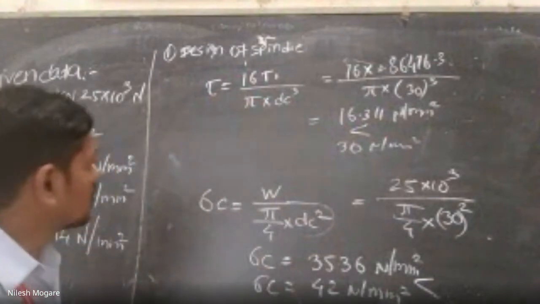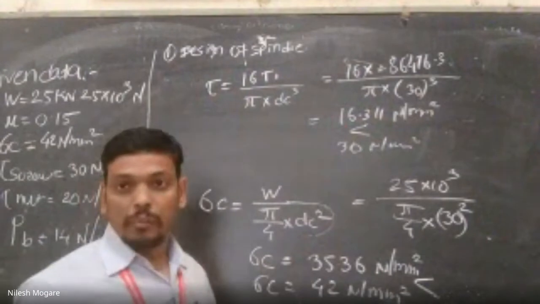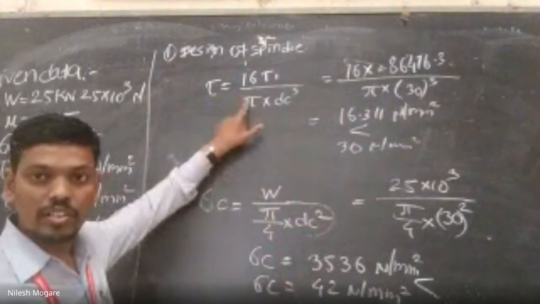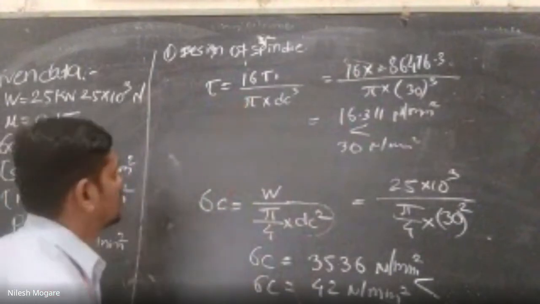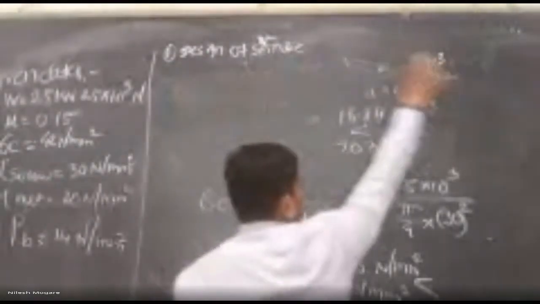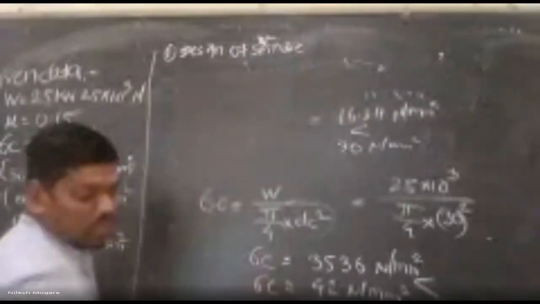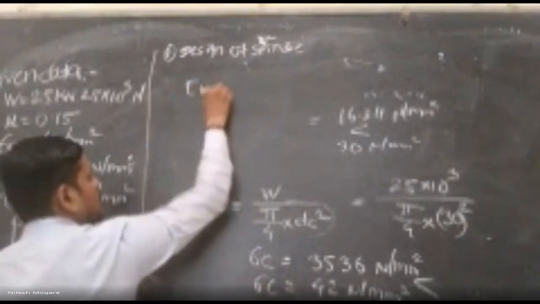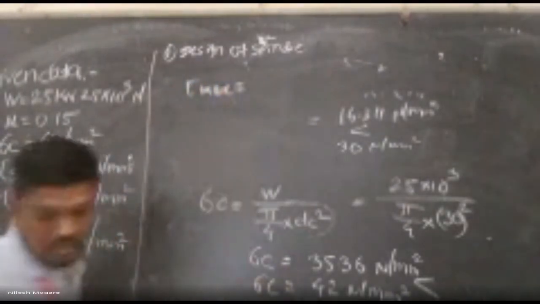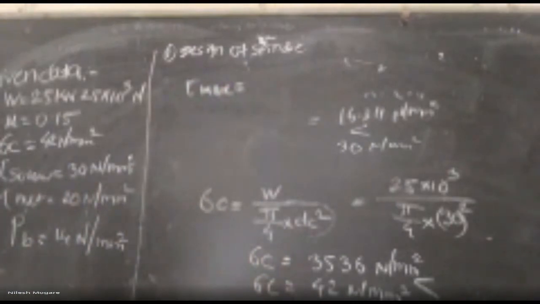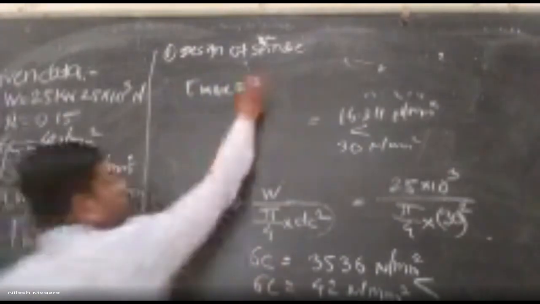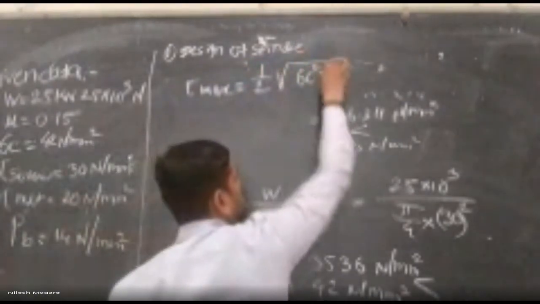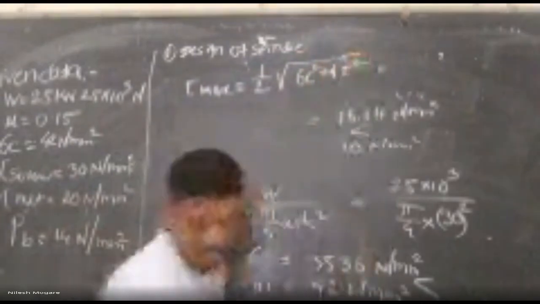Now we have to check by considering combined stresses. So compressive stress as well as shear stress, that is called combined stresses. So we can calculate it by taking maximum shear stress theory, that means tau max. The formula for tau max is equals to 1 by 2 under root sigma c square plus 4 tau square.